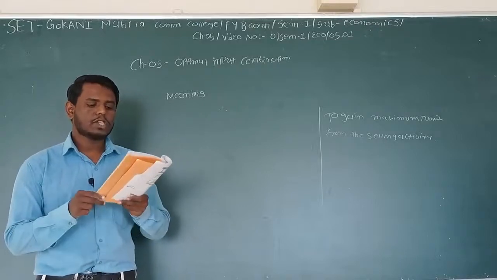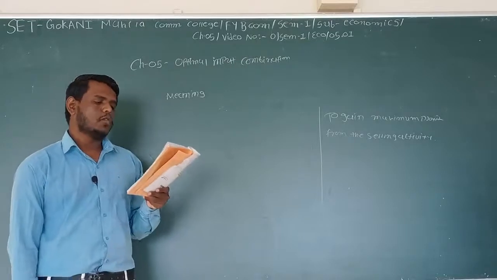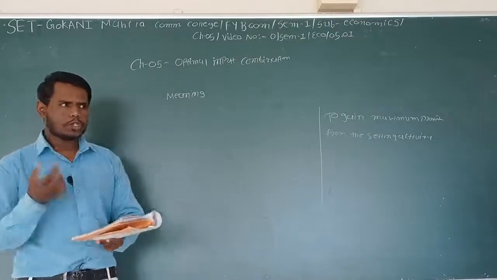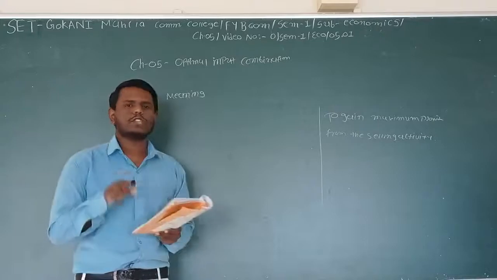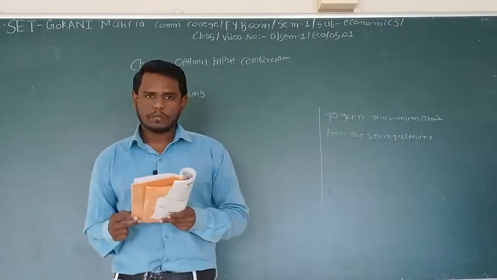Here we shall study optimal input combination with the assumption that production is made with more than two inputs. The first assumption of this theory is that there are more than two inputs available to the owner of the firm.